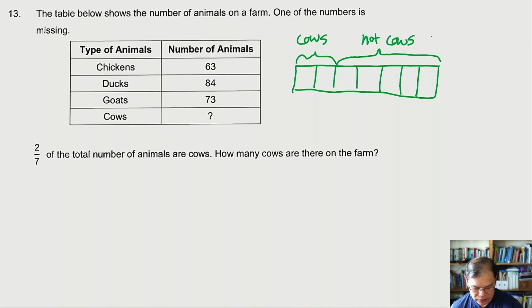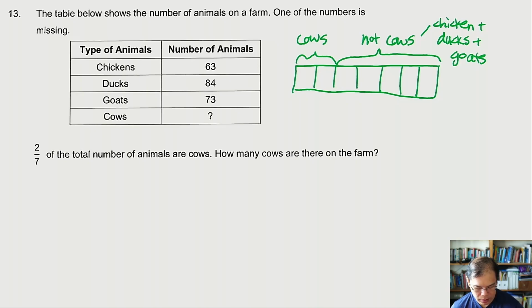And therefore, this must be your chickens plus your ducks plus your goats. Because there are only 4 kinds of animals on this farm. If they are not cows, then there must be the chickens, ducks, and goats.